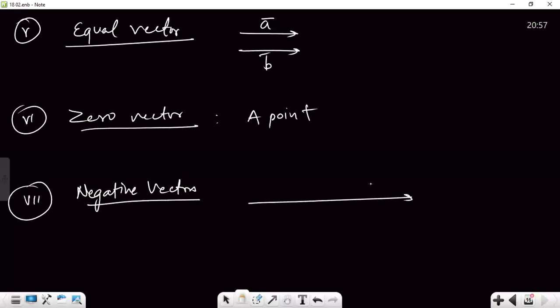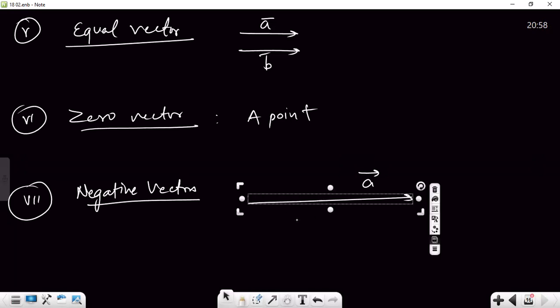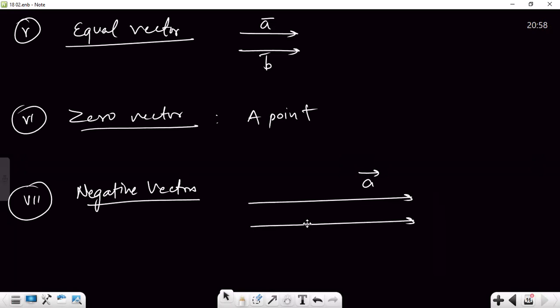Let's say there is a vector A. If I have to find the negative vector, the magnitude will be the same, but what will change is the direction.